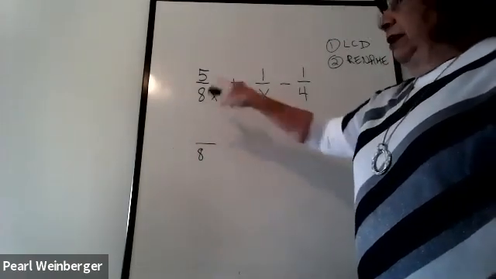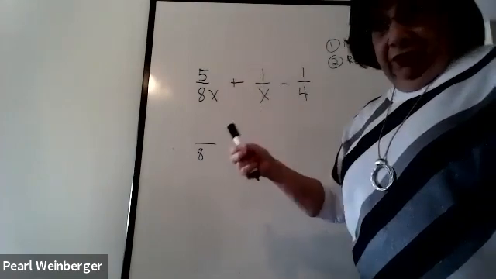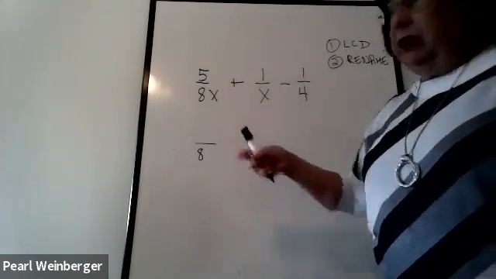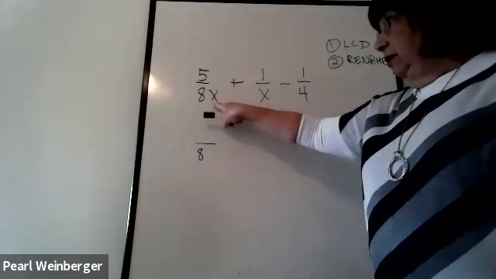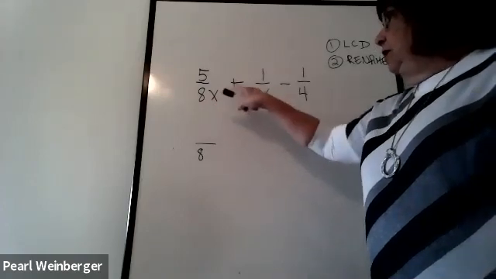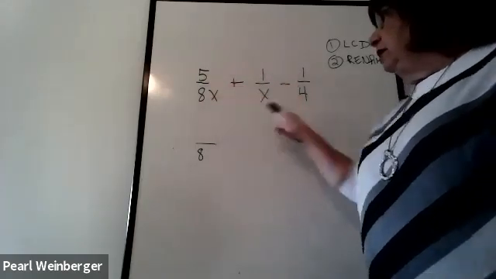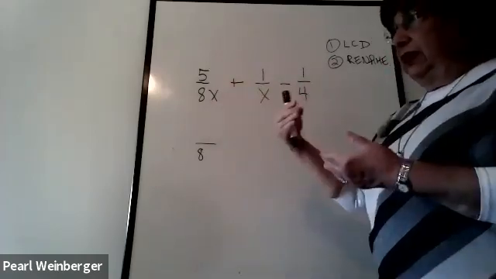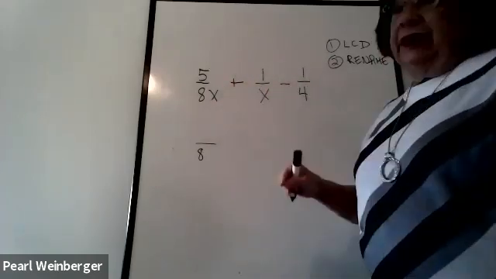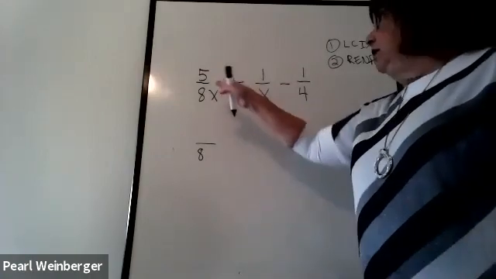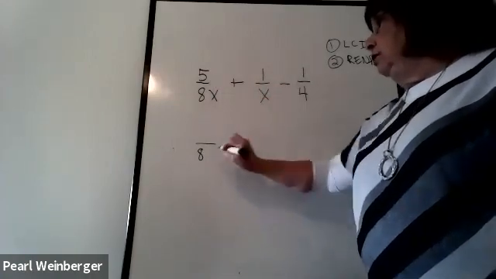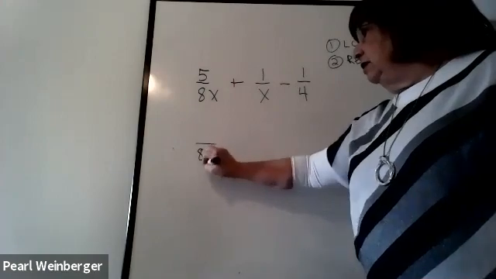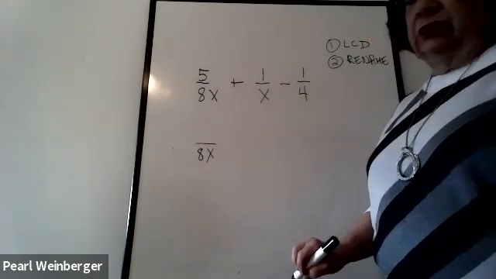Then I look at the letters. Remember, the variables are really the easier part. I have an x here, and so I have an x. Doesn't matter if I have them in all of them. As long as I have an x in one of them, I have to use an x. Now I look, what is the highest exponent? There's only plain x's, so the highest exponent is 1.